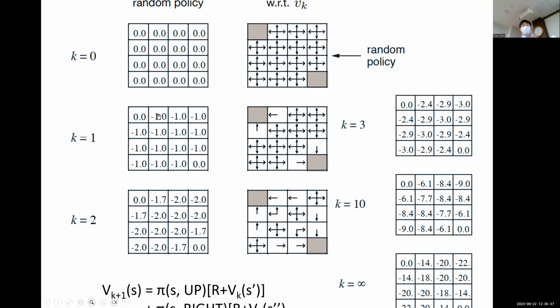Once you have the updated state values, we update the policy. Previously the policy was equal probabilities in all 4 directions. For example, here the state value becomes -1. The left-hand side is 0, down is -1, right movement is -1.